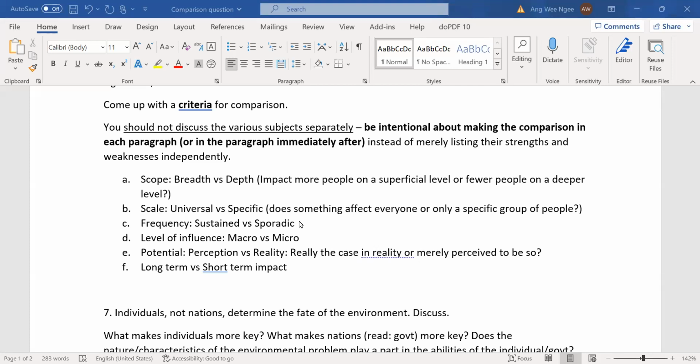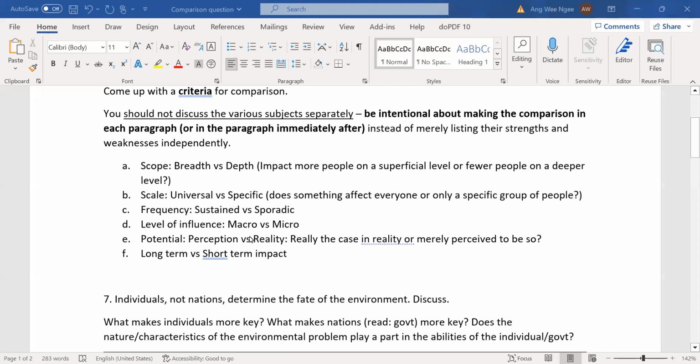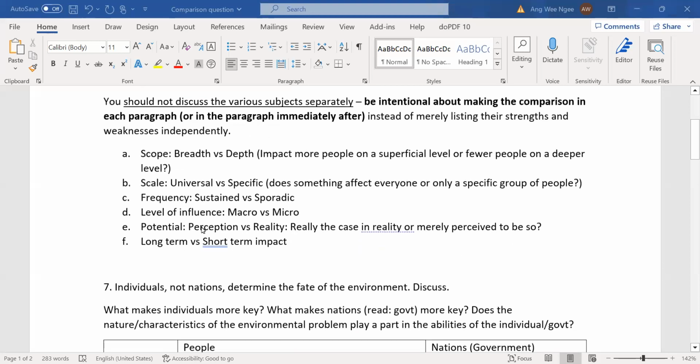Does this thing affect everyone, or does it only affect a specific group of people? So basically universal versus specific, right? Frequency, sustained versus sporadic. All right, so you're comparing in terms of the frequency by which something happens more than another thing, right? Level of influence, macro versus micro.